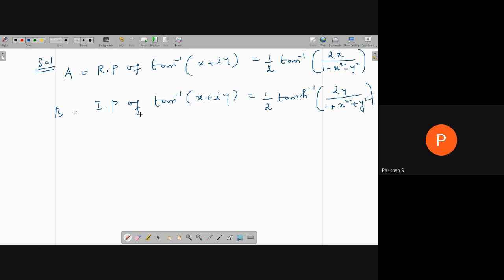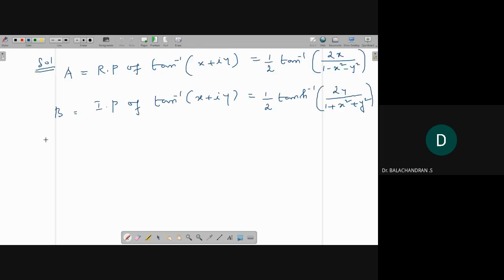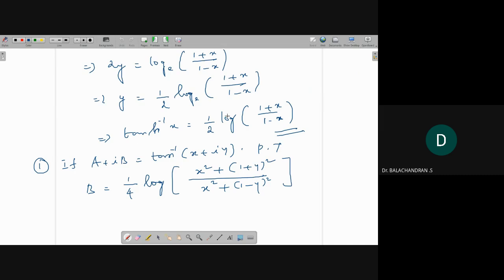So now actually I need b, not a. But I just want to write a and b. So b equal to 1 by 2 tan h inverse of x. What is the formula? 1 by 2 log of 1 plus x by 1 minus x.